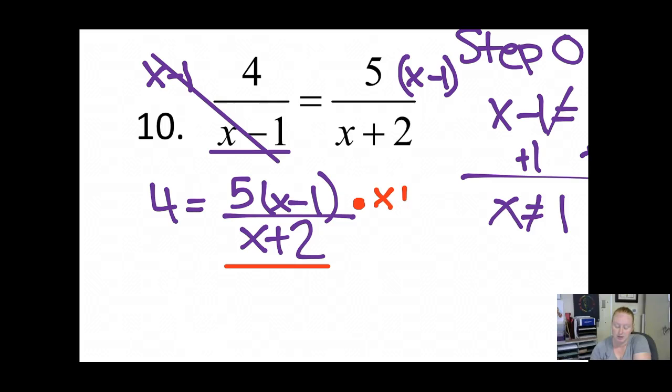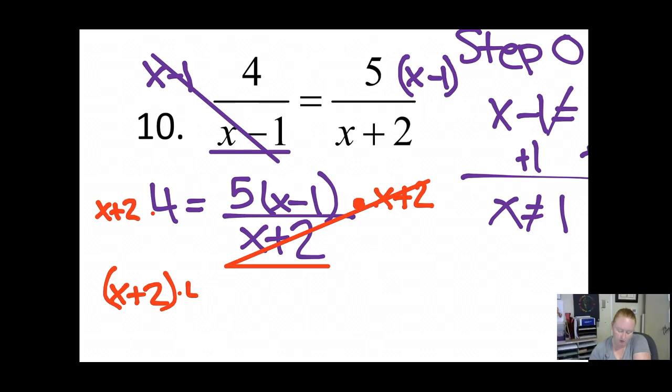So I'm telling you, it's really simple for us to make it go away. We just multiply both sides by x minus 2. So I go ahead and cross this off because the whole point was for that to cancel. So I get x plus 2 times 4 equals 5x minus 1.